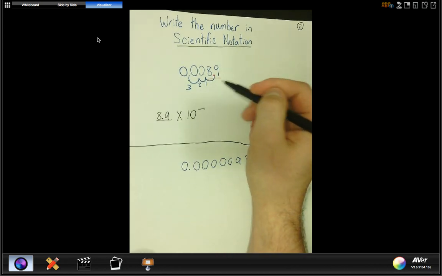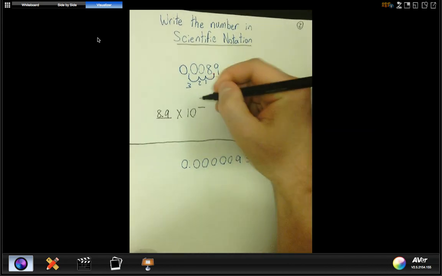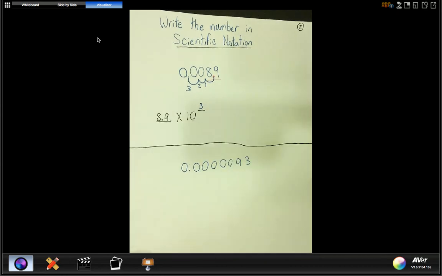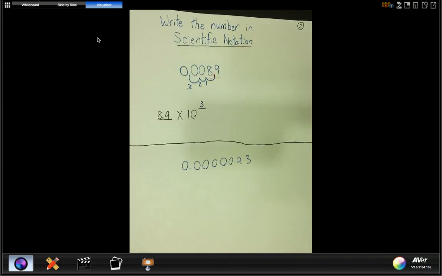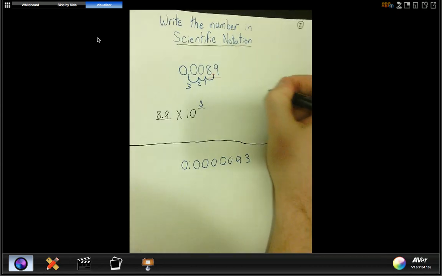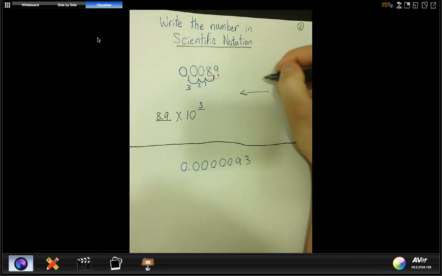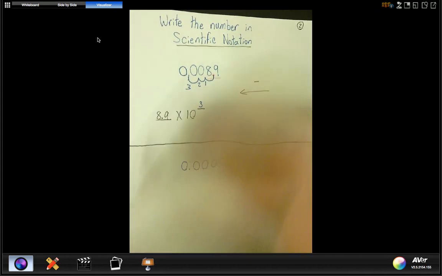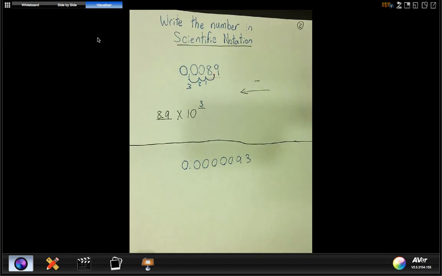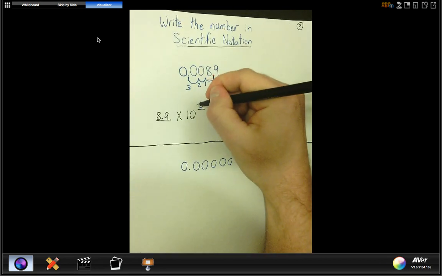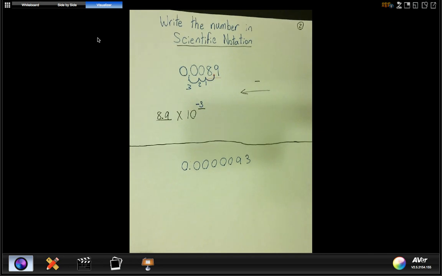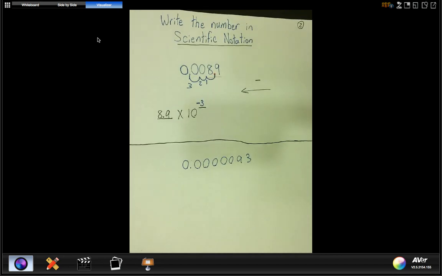Once again, the number of places I move it is my exponent, but we've got to think about this for a second. I went to the left this time. And I remember from my notes in the video that when I go to the left, it is a negative exponent. So I know the answer in scientific notation is 8.9 times 10 to the negative third.